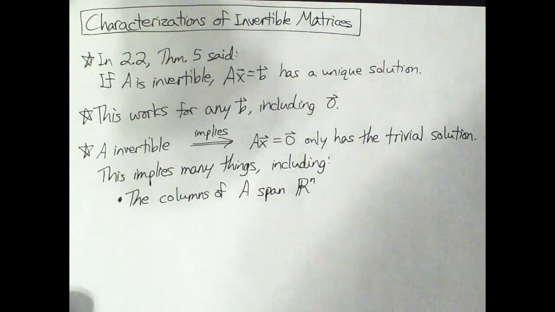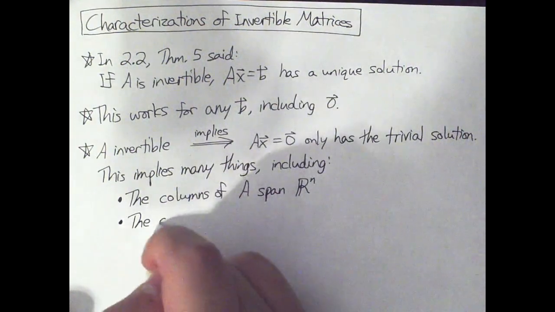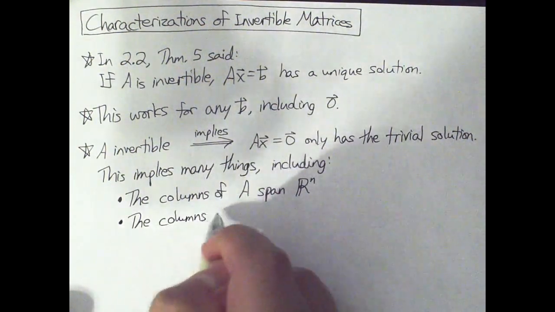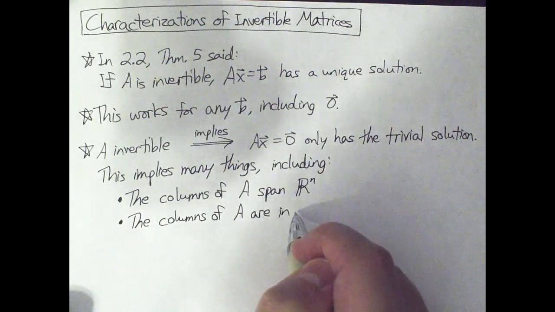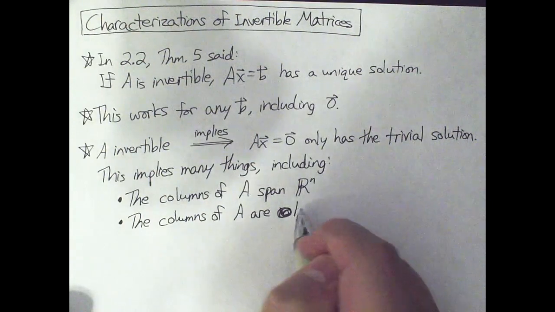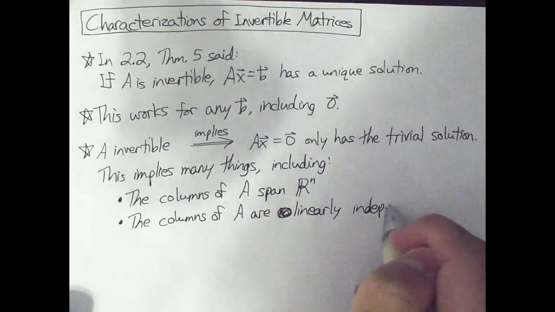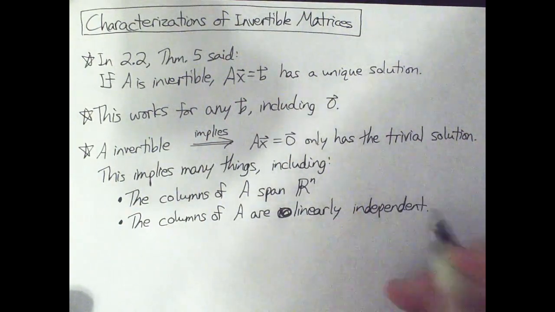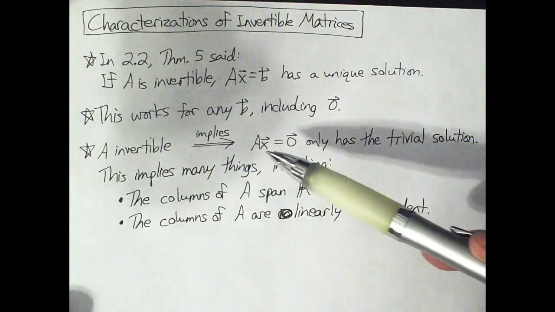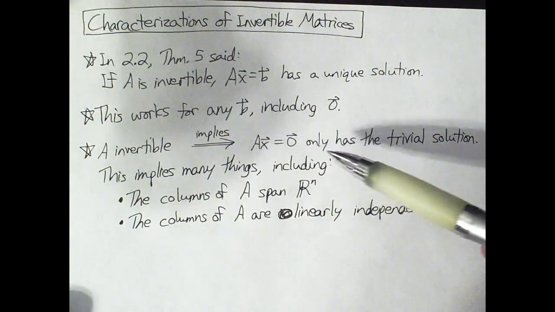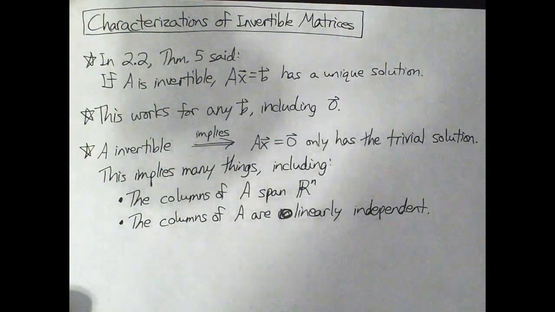That was back from section 1.3 or 1.4. It also implies that the columns of A are linearly independent. Okay, so think back to the definition of linear independence. AX equals 0 only has a trivial solution. Yeah, that means that the columns of A are linearly independent.